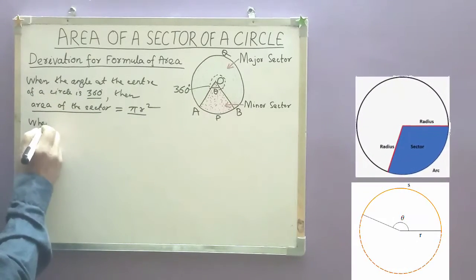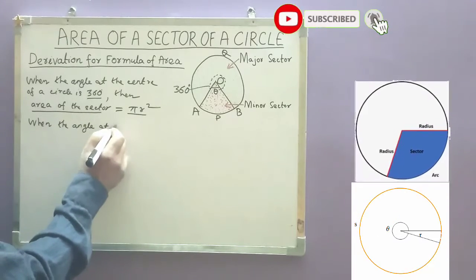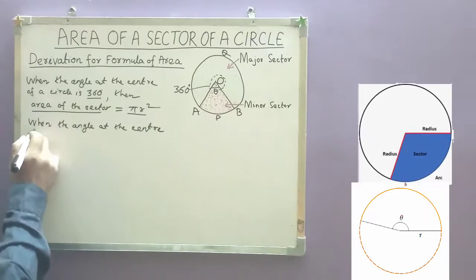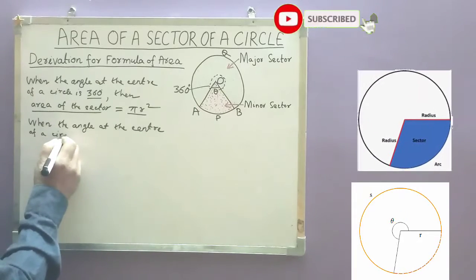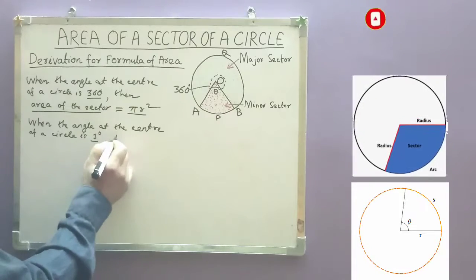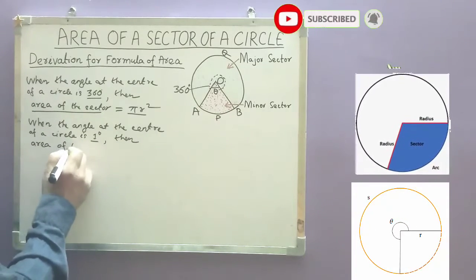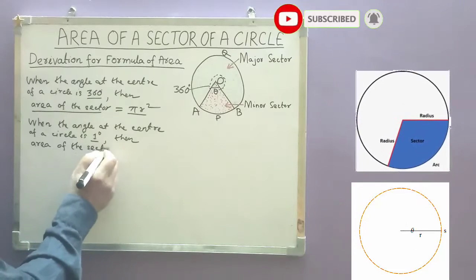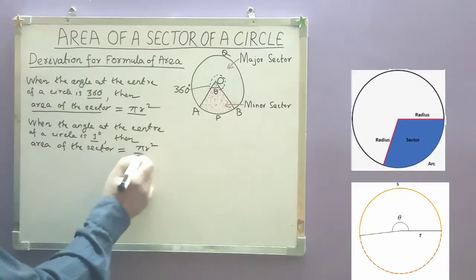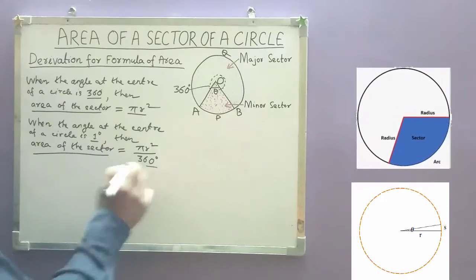When the degree measure of the angle at the center of the circle is 1 degree, then the area of the sector so formed is equal to pi r square upon 360.